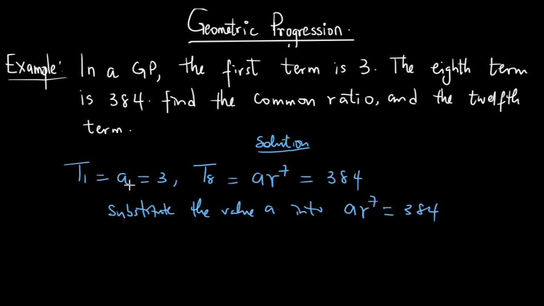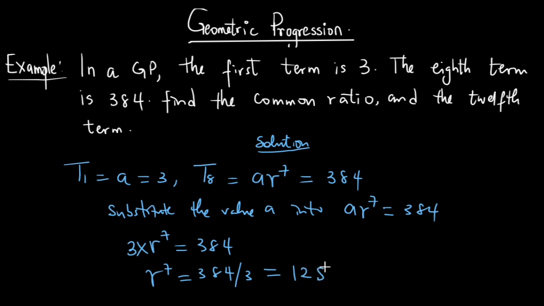Since we know the value of A to be 3, let's substitute the value of A into this equation of T8, and that gives us 3 times R raised to power 7, which is the same thing as 384. Then R raised to power 7 is the same thing as 384 divided by 3, which is going to give us 128.